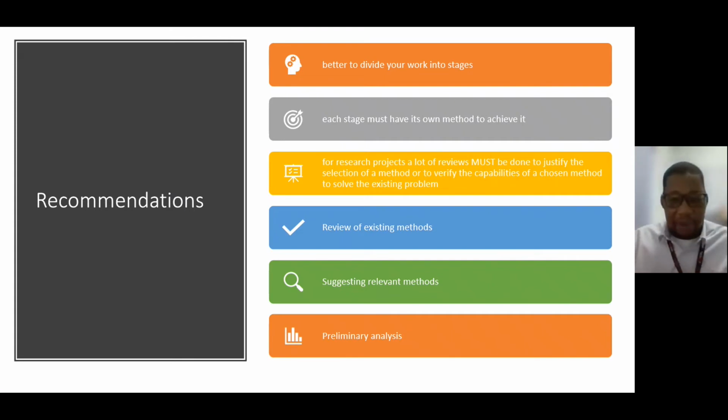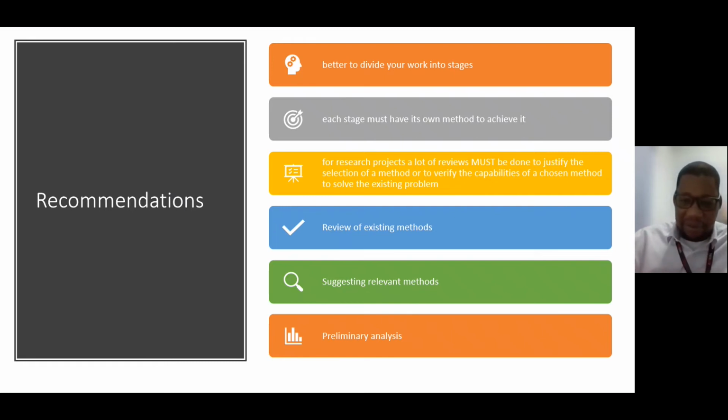So if you do not carefully choose the methods which you are going to use, you will only know at the end of your final year project that these experiments are not going to give me the results which I expected. Then you have to start again.